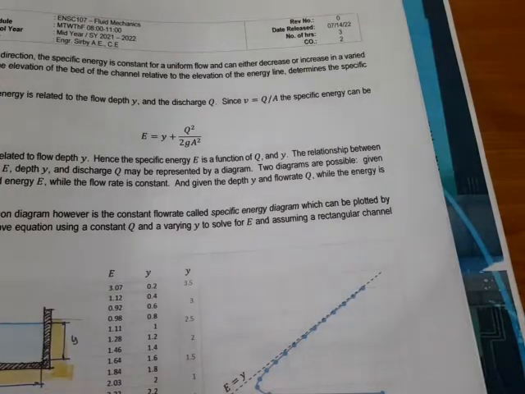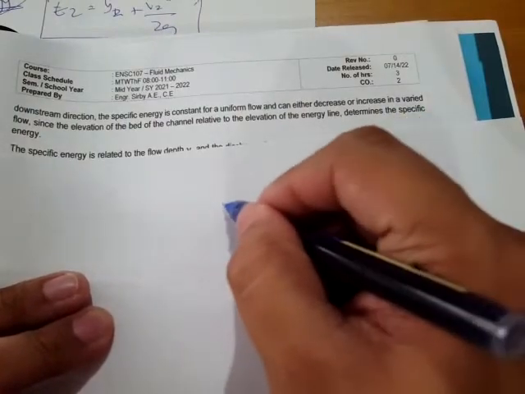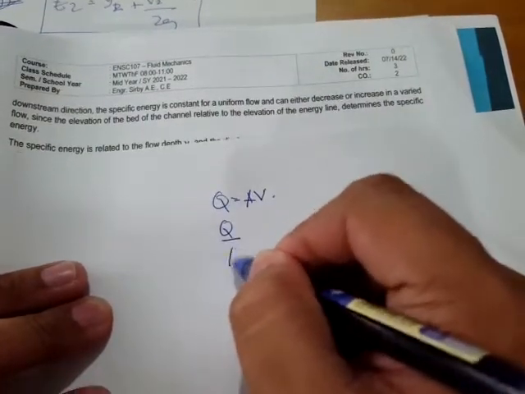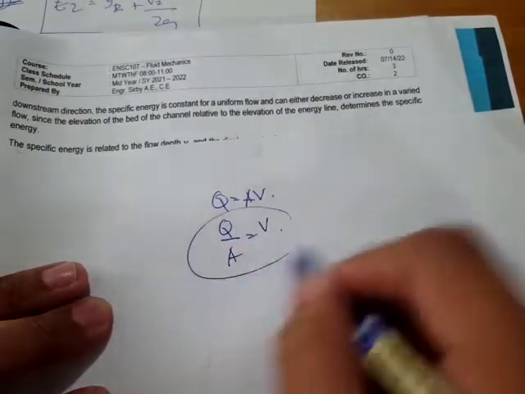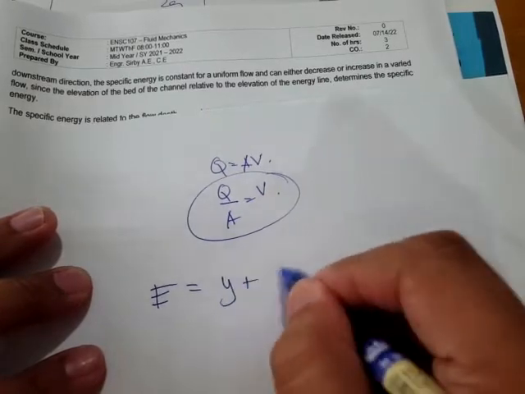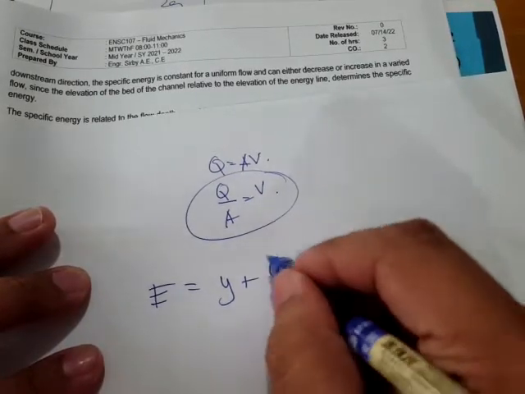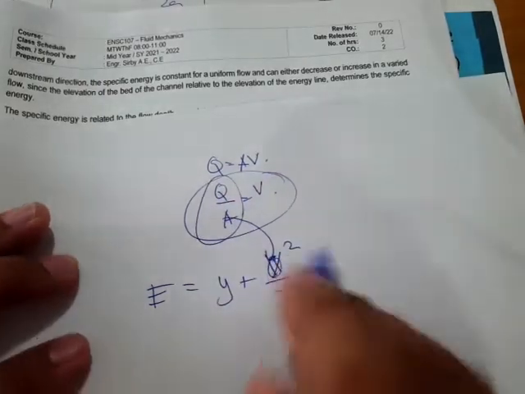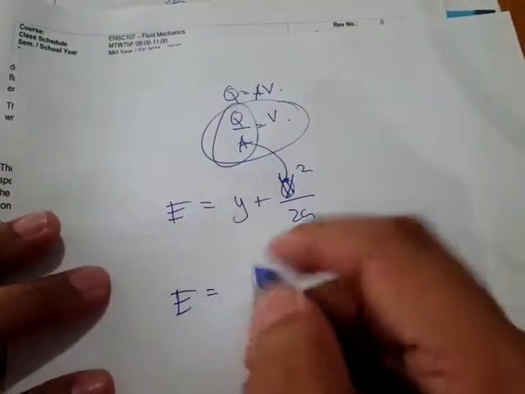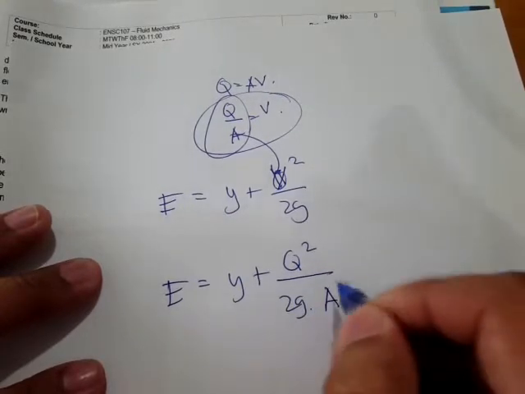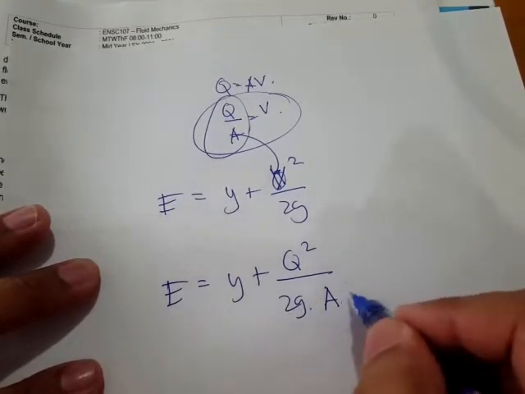Since we know that Q is equal to AV, and if we rewrite that as V equals Q over A, then if you substitute this into our specific energy, E is equal to Y plus V squared all over 2G, we get an expression of E is equal to Y plus Q squared all over 2G times A squared, right?